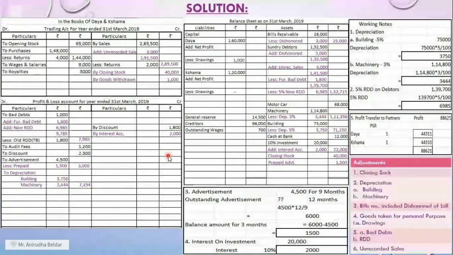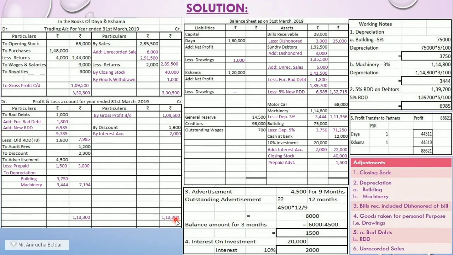First we'll close the trading account. The total is 3,30,500. Then we'll calculate the gross profit, that is, to gross profit carried down 1,09,500. We transfer it to the P&L account credit side and then take the total of the P&L, that is 1,13,300.